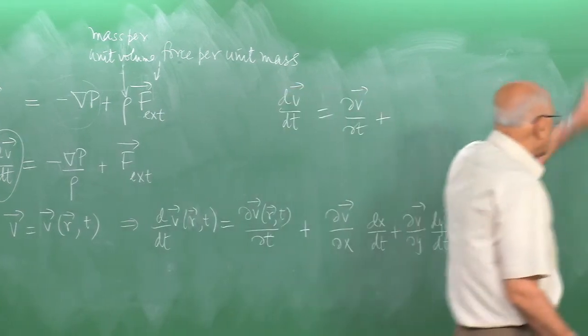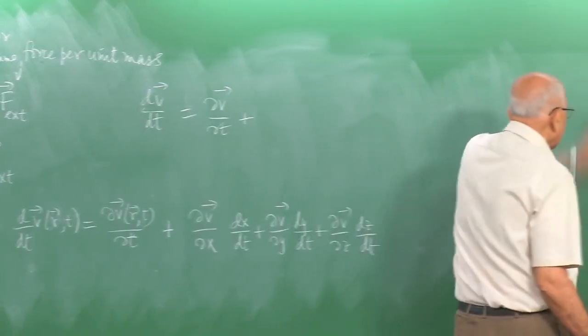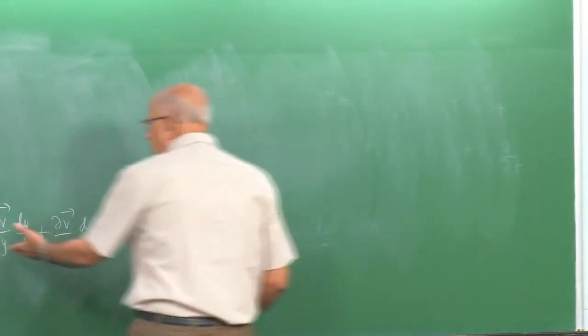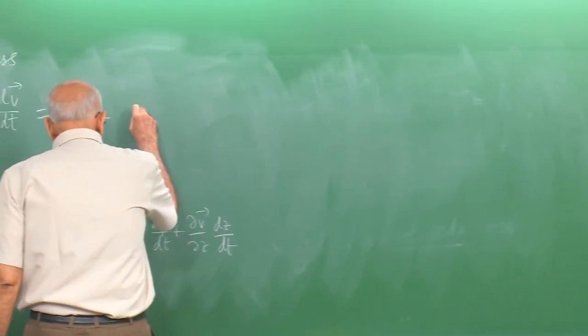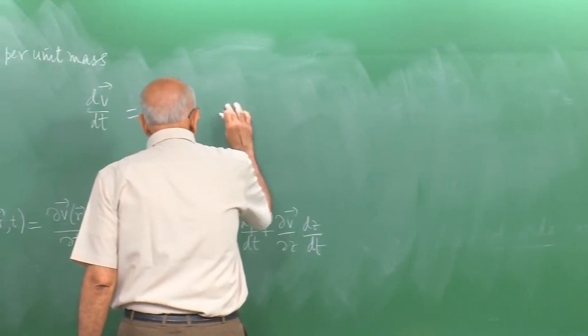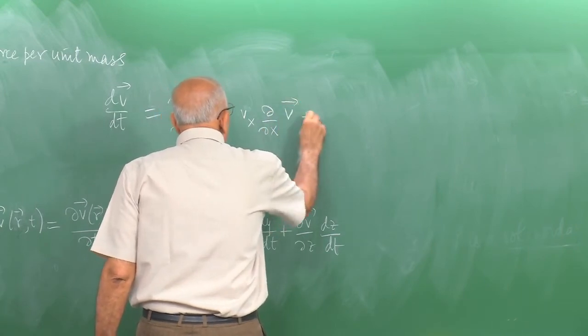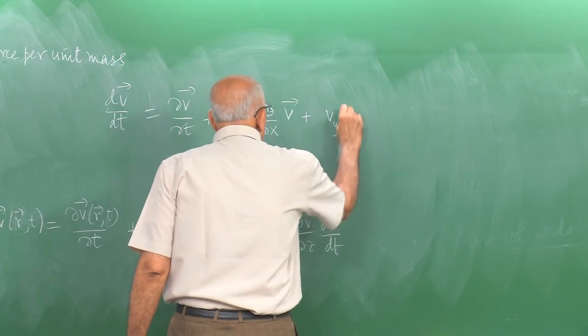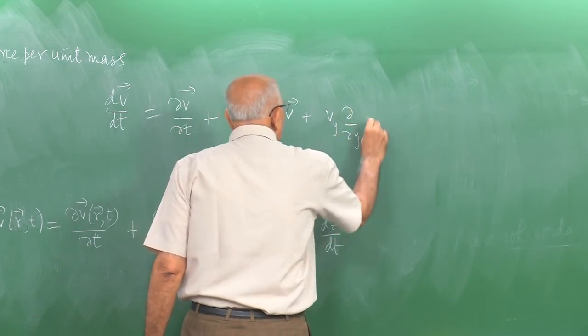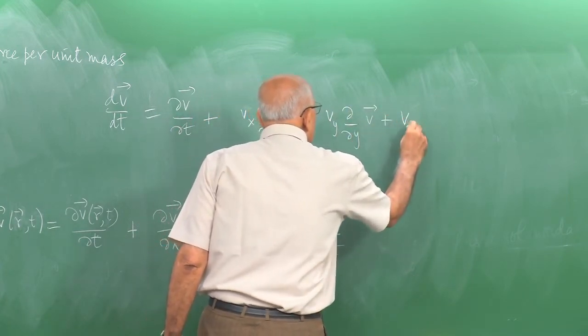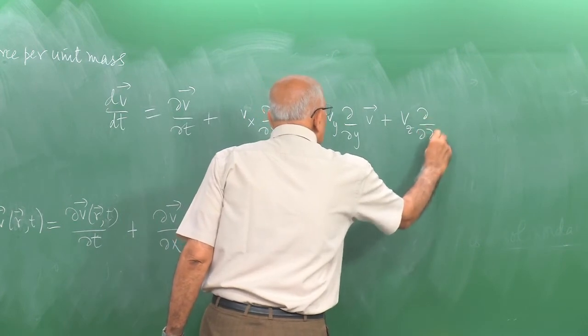So, let us write this out explicitly. So, you have V x delta over delta x V plus V y delta over delta y V plus V z delta over delta z V.